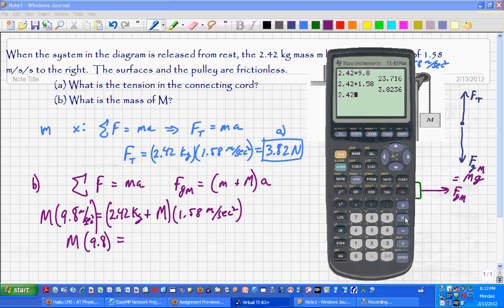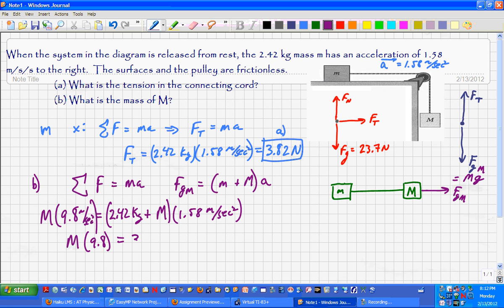So 2.42 times 1.58 is 3.82, plus 1.58 big M. So I'm going to subtract that over to the other side, and I get 9.8 M minus 1.58 M is equal to 3.82.